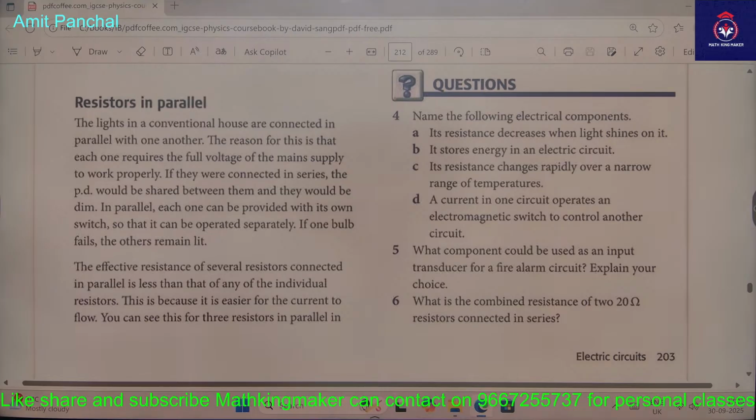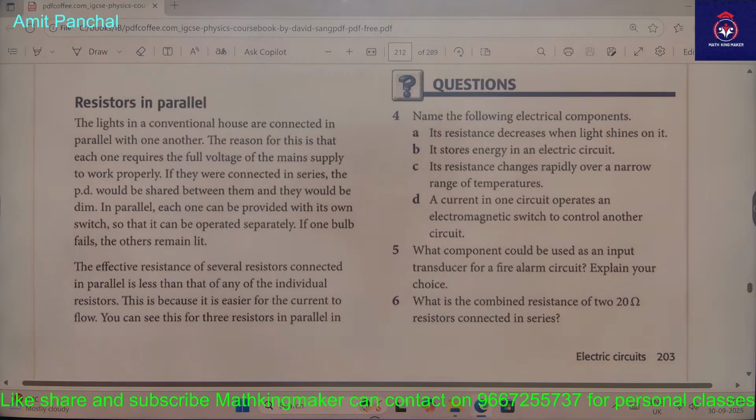Wait, so what's a transducer again? Transducer means like a fire alarm. In daytime, what is a fire alarm circuit? As there is smoke, the bell rings.